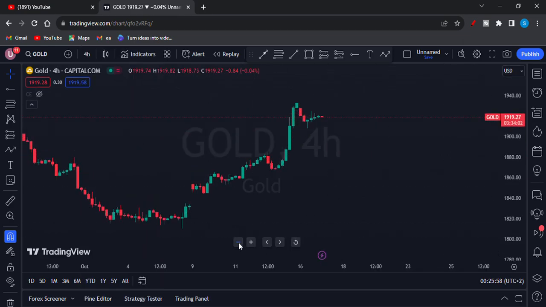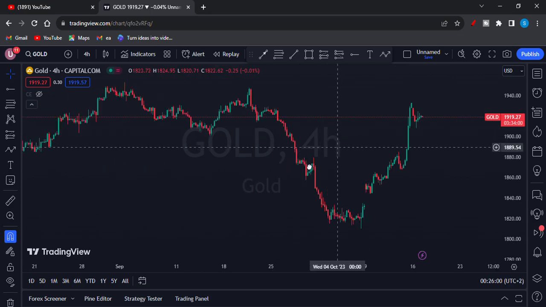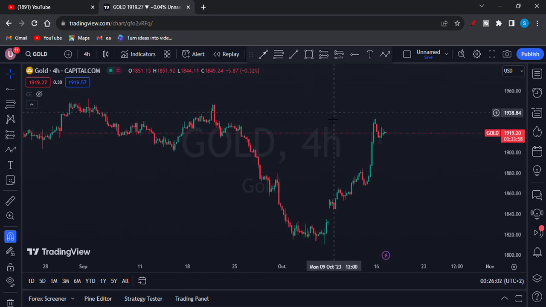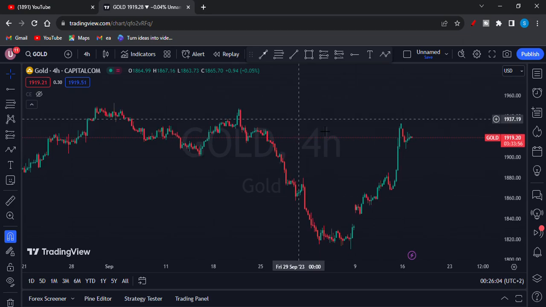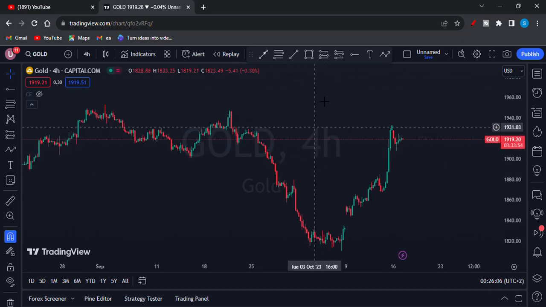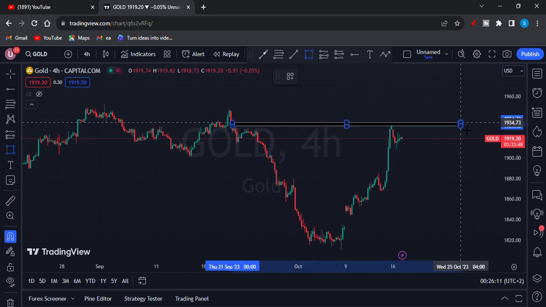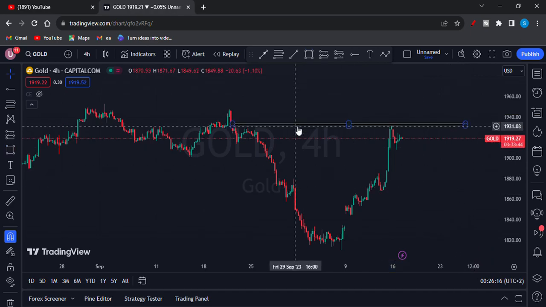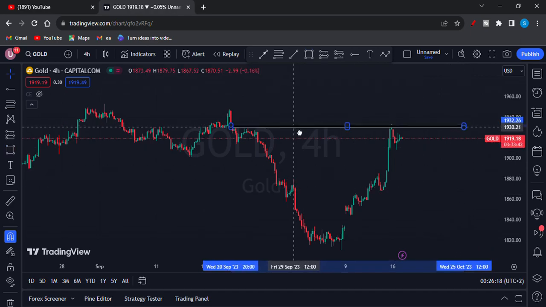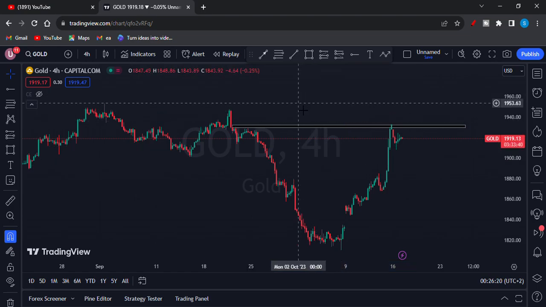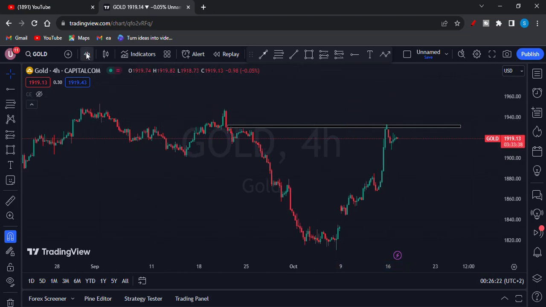So geopolitical war or conflicts do have a huge impact on the market. So on a 4-hour, what I'm seeing currently is this zone right there, and then let's go to hourly.